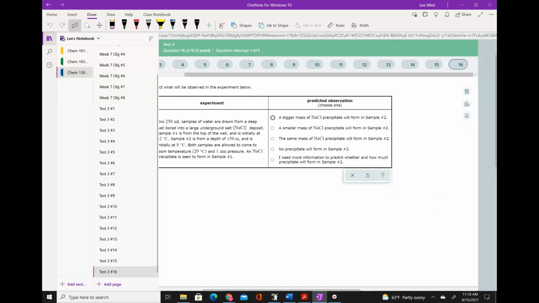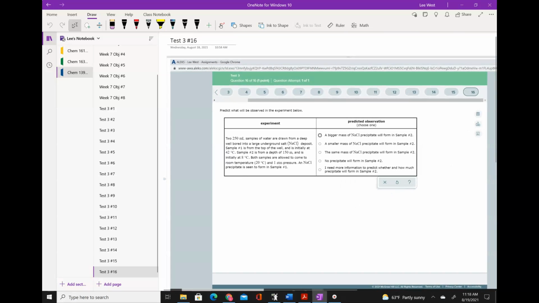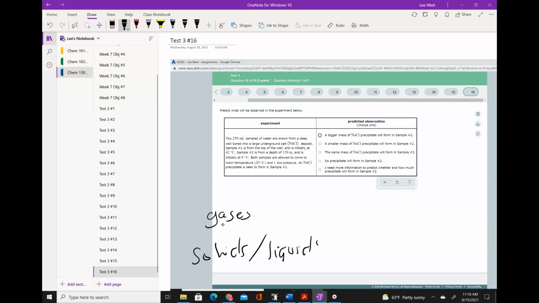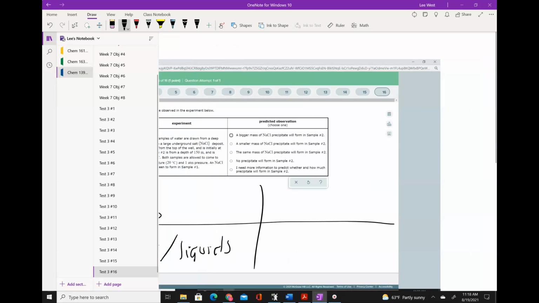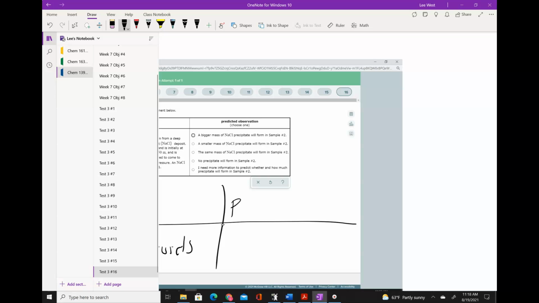This one looks like it's about solubility. Now, there's a nice little table that explains about solubility. So gases, and then we have solids and liquids. And there are 2 things that affect the solubility, right? There's the pressure and there's the temperature, right?